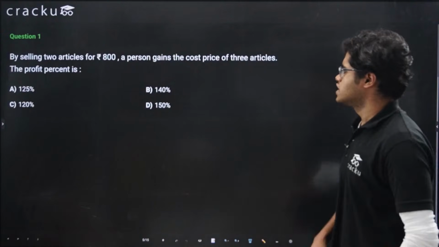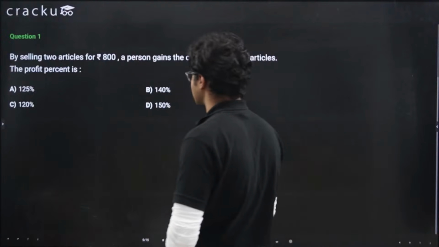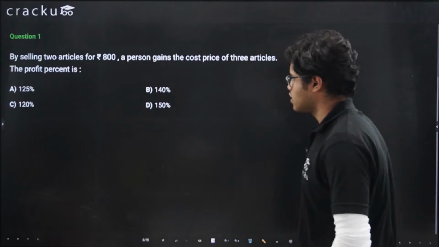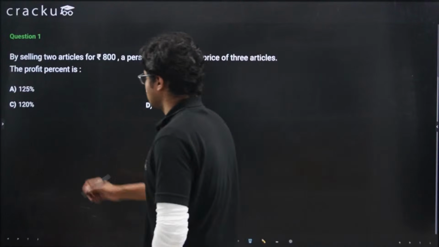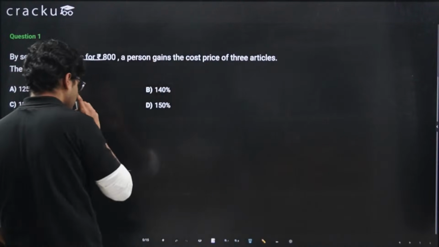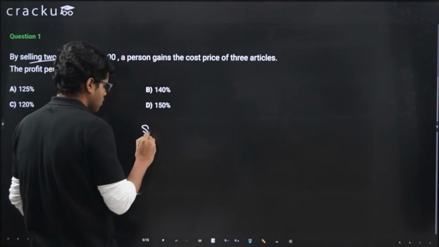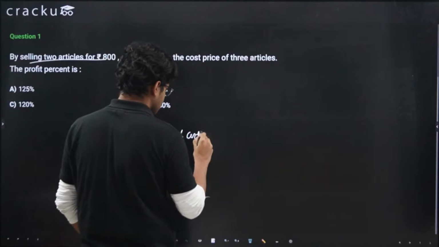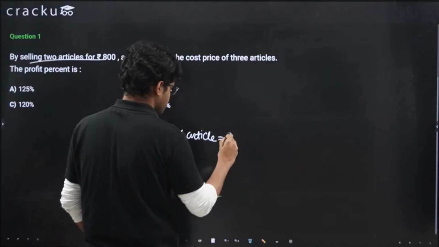The question says, by selling 2 articles for rupees 800, a person gains the cost price of 3 articles. What is the profit percentage? So by selling 2 articles for rupees 800 means selling price of 1 article equals rupees 800.